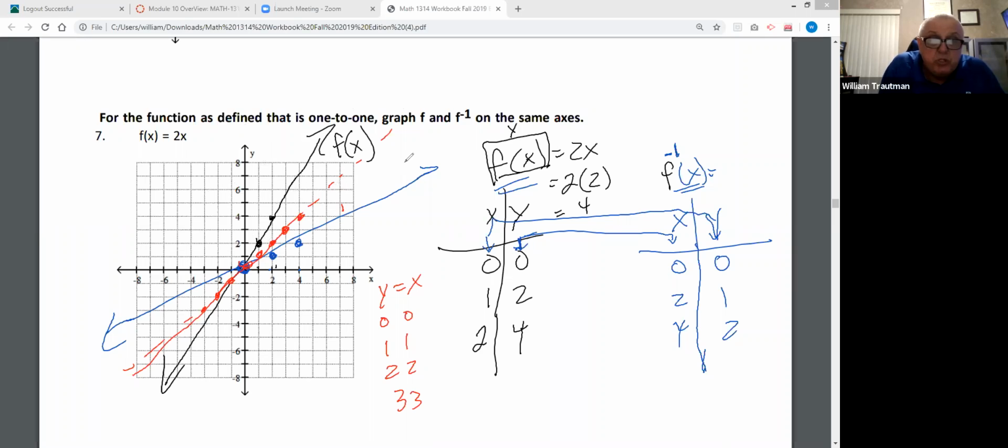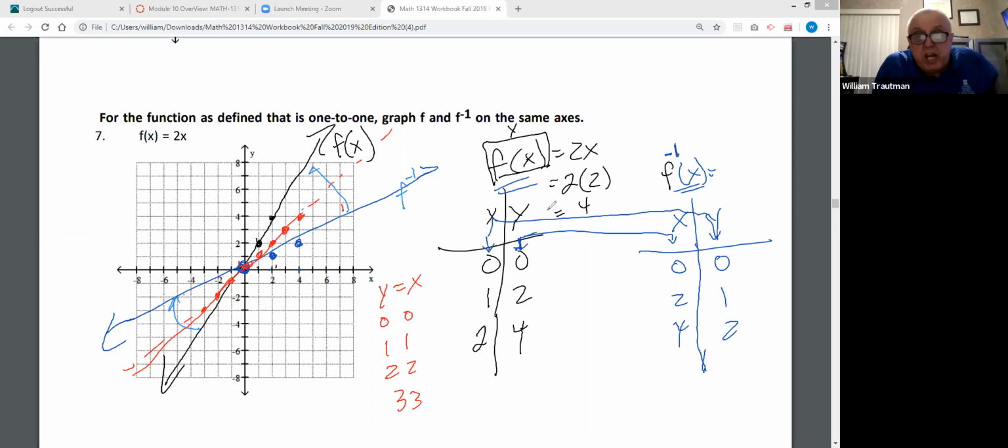So the black one was f, and the inverse function is the blue one. Do you see that the inverses mirror image each other across the y equals x line?